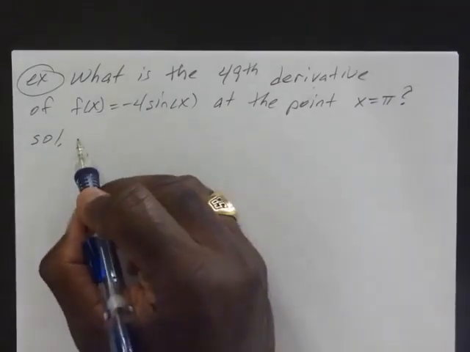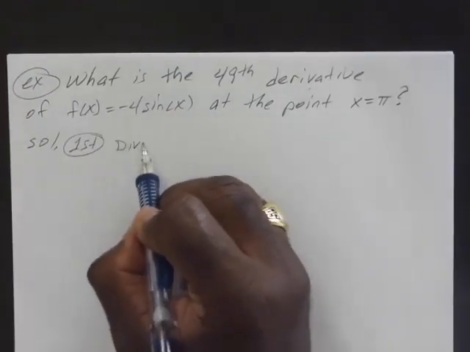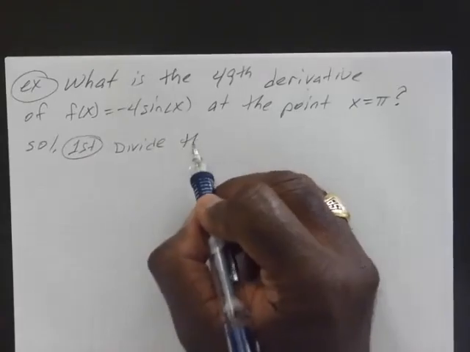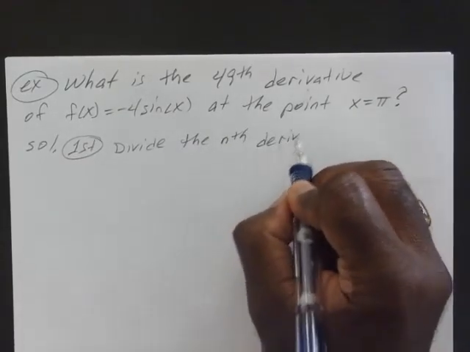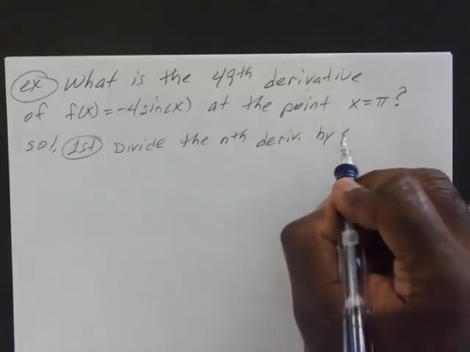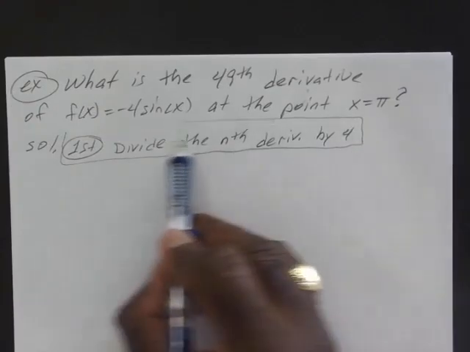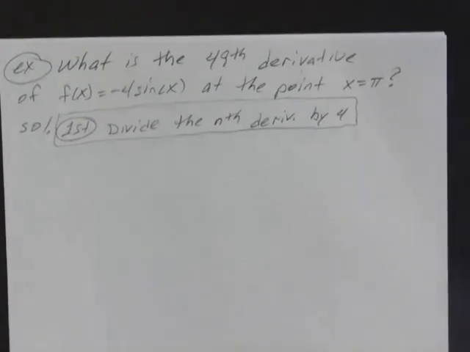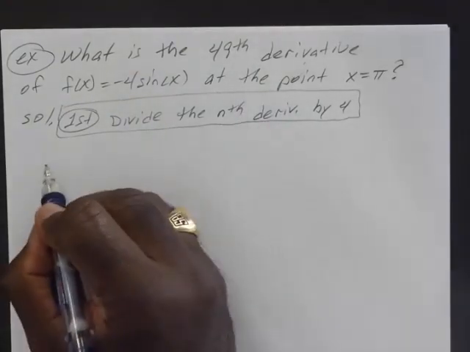Okay, so remember your first step. You're going to divide the nth derivative by 4. Okay, so it's the 49th derivative.